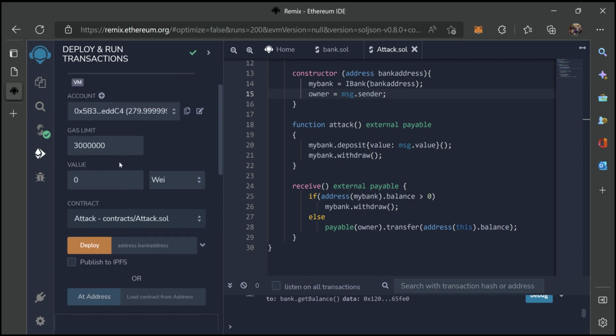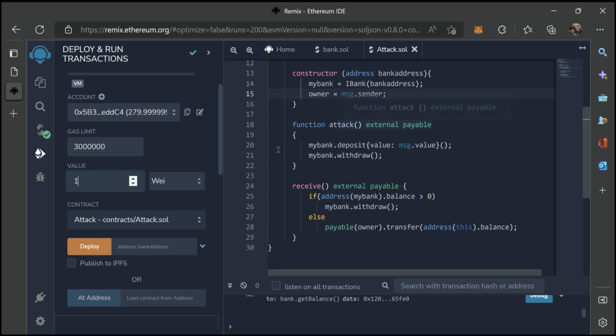But now I could deposit 10 over here. You call the attack, so deposit 10 and withdraw 10. But because of the way reentrancy works, it's going to allow me to withdraw more than 10. It's going to allow me to withdraw 10, 10, 10, 10.